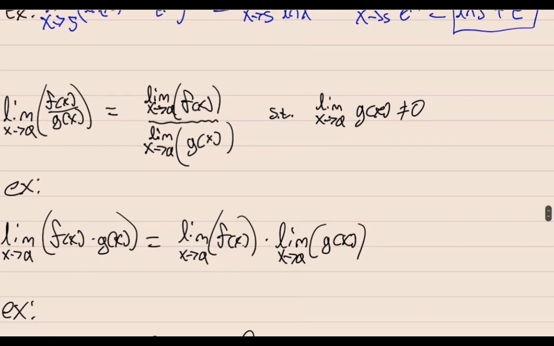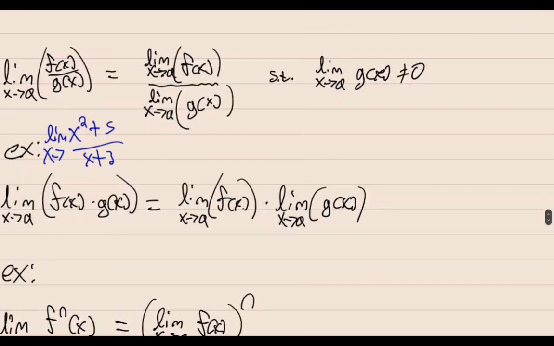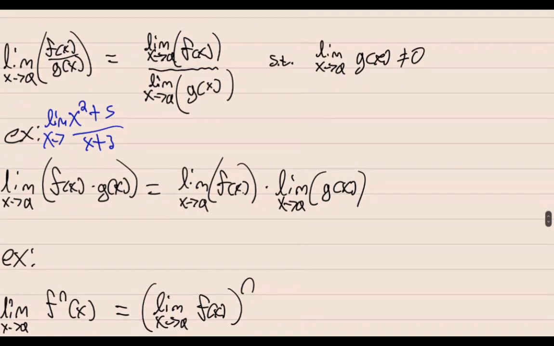So let's go ahead and make an example here. Let's make something that doesn't cancel out. Let's do x squared plus 5 over x plus 3. Let's go to a nice value of 1 here.